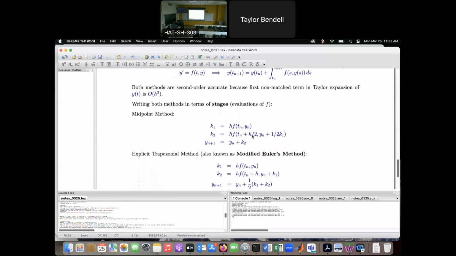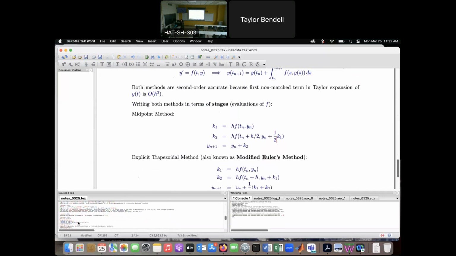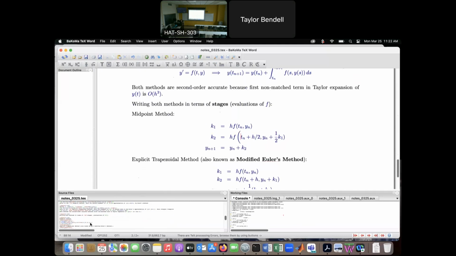And to approximate y at that time, we use the k1 that we computed earlier. I should write this a little more clearly. And then my solution, y_{n+1}, is yn plus k2.